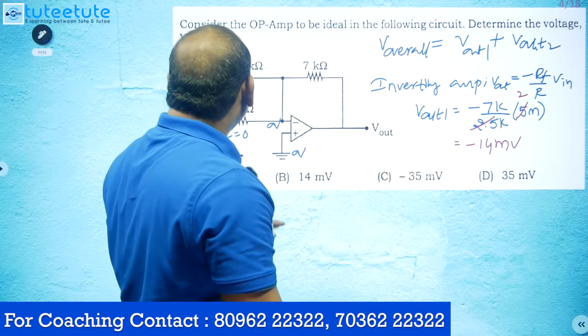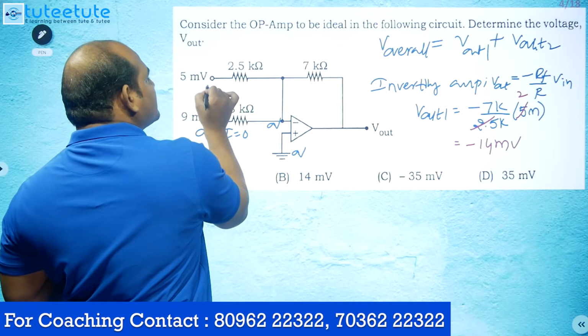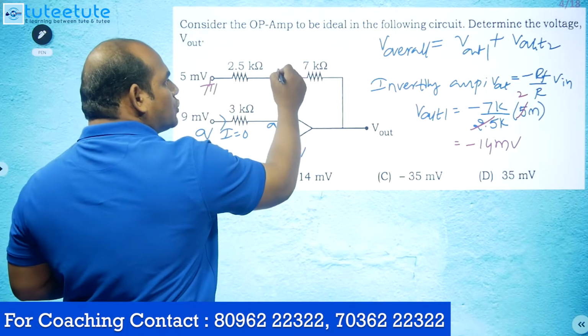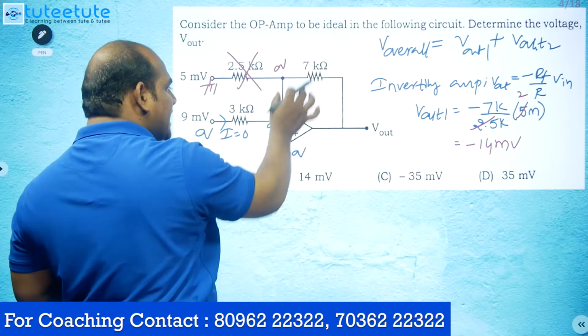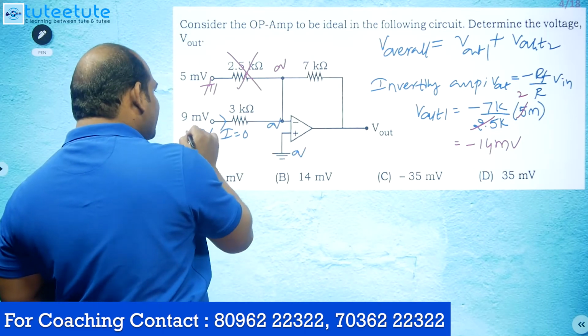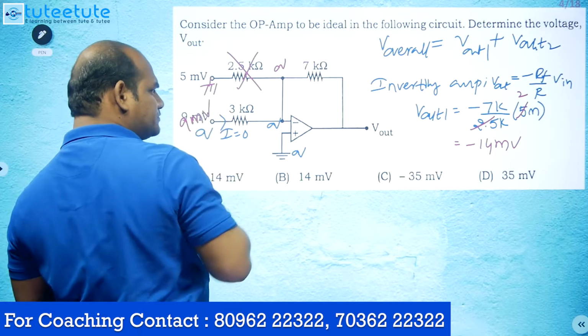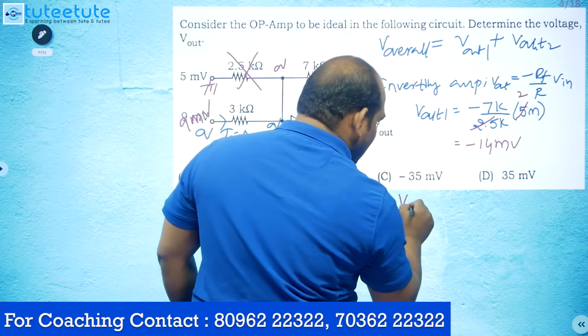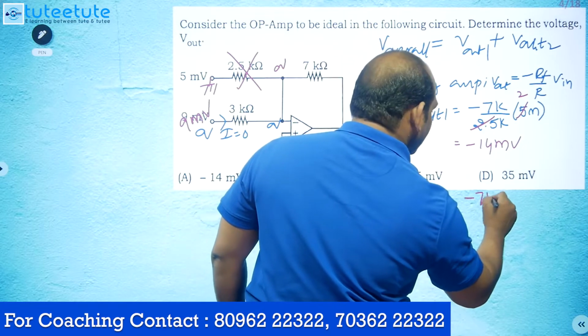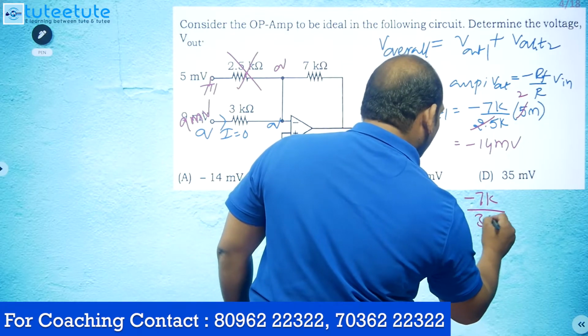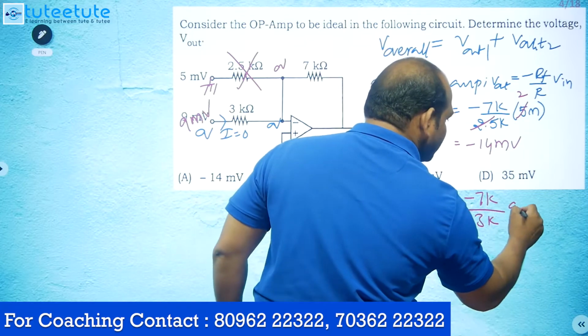Now we will make this 5 millivolts 0, that means 0 volts is there, so there is no effect of this 2.5 kilo ohm. Now this 7K is connected to this one, and here we will consider this 9 millivolts. So V out 2 is equal to minus 7 kilo ohm by 3 kilo ohm, multiplied with 9 millivolts.